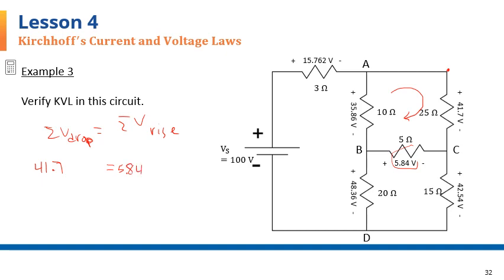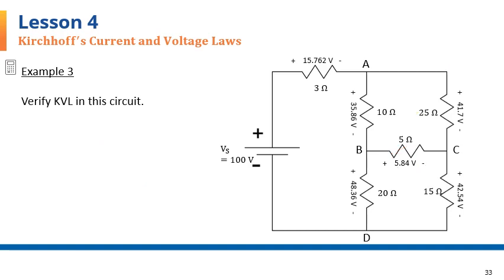And the final voltage that I come across is another voltage rise of 35.86, so I put that also on the right hand side with a plus sign. Here we don't use negative signs if we're using this form of the equation. So we just verify that this plus this comes to 41.7, and that's easy to verify.